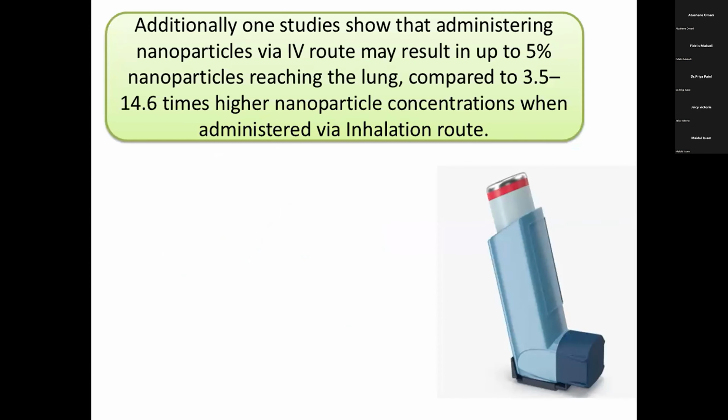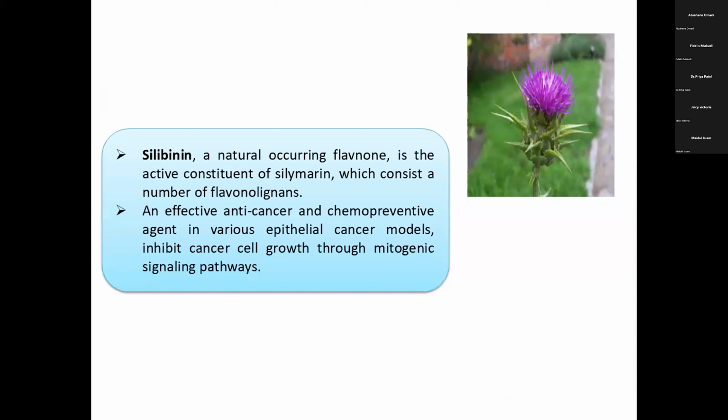And it is proved that administering nanoparticles via the IV route may result in up to 5% of nanoparticles reaching the lung, compared to 3 to 14 times higher nanoparticle concentrations when administered via the inhalation route. So, by taking this concept, how do we apply it to our study?